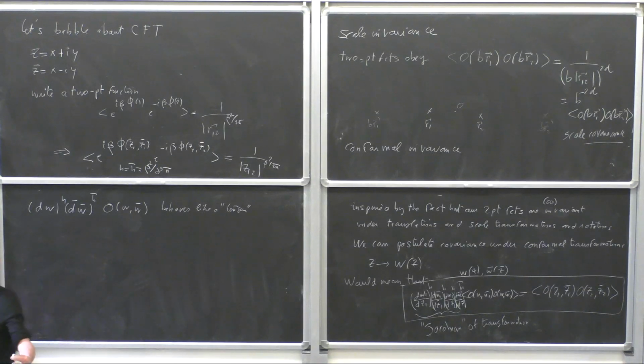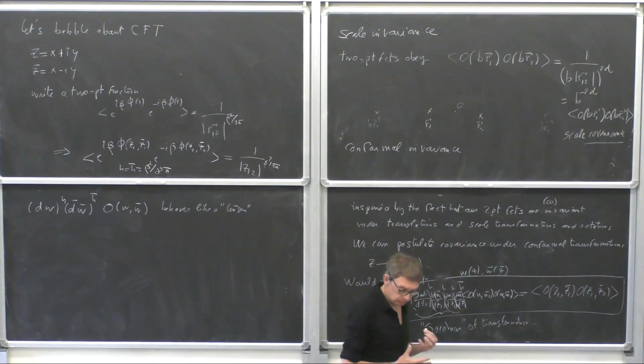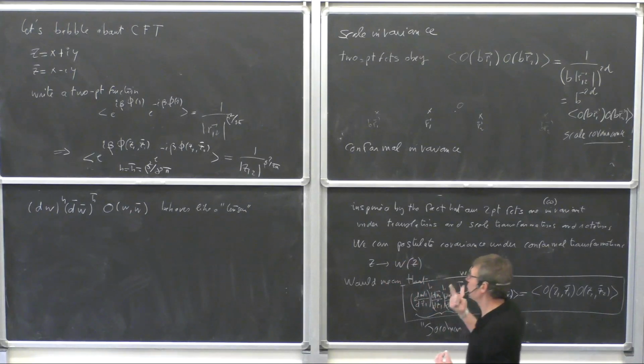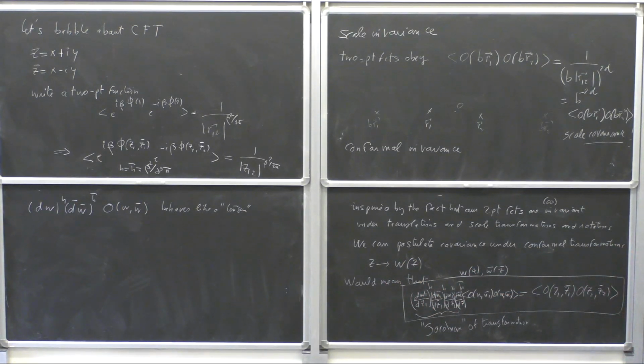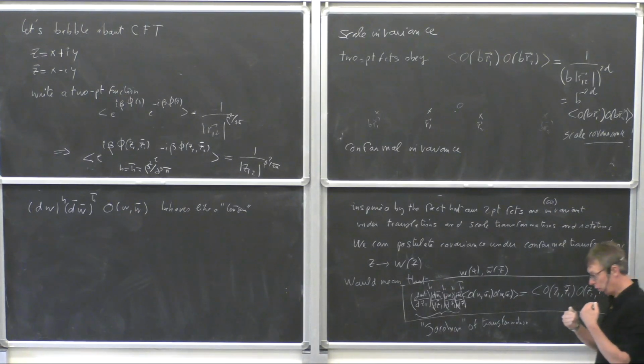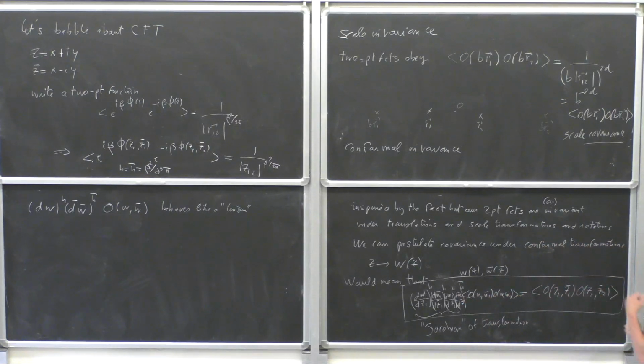If it's true, it's amazing, because if you take a conformal transformation that maps the plane onto itself, it tells you that there's a huge symmetry, point number one. Point number two, if you take a conformal transformation that maps the plane onto something else, it allows you to connect correlation functions from the plane to correlation functions on something else.